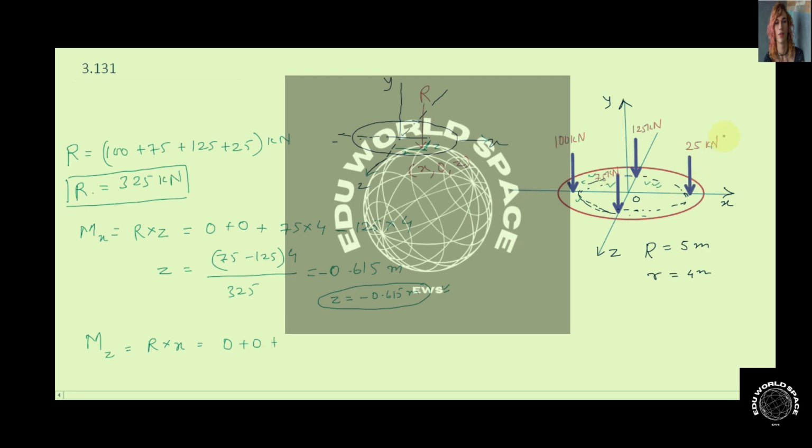Now if we talk about this 25 kilonewton, it is on positive x axis, so its moment will be 25 multiplied by 4, its perpendicular distance. And for this 100 kilonewton, it is on negative x-axis, so it will be minus 100 multiplied by 4. So if we solve this, we can write the value of x to be 25 into 4 minus 100 into 4 divided by R, and the value of R was 325.